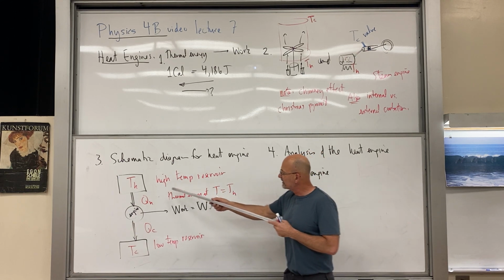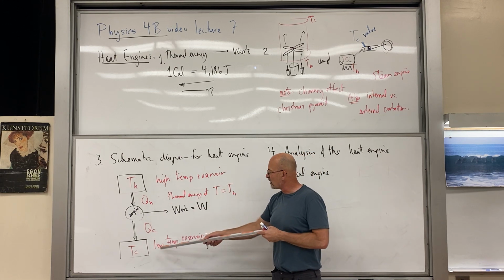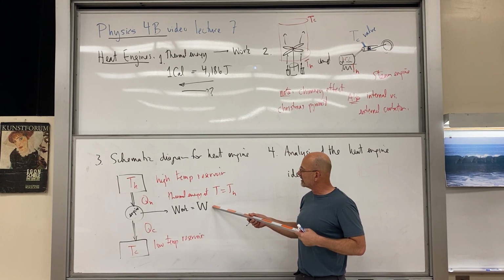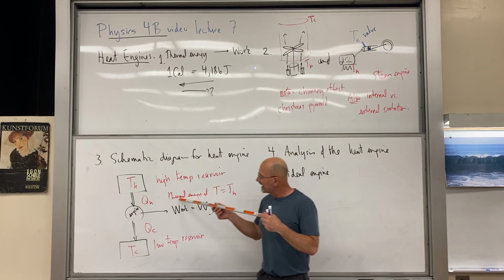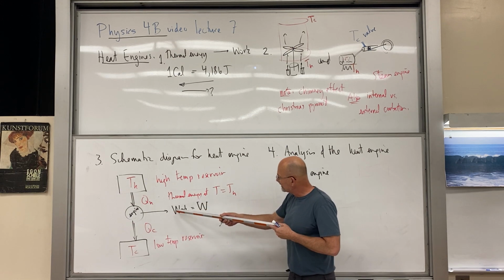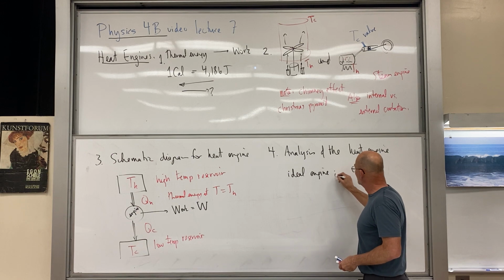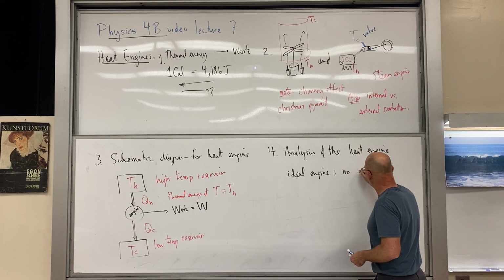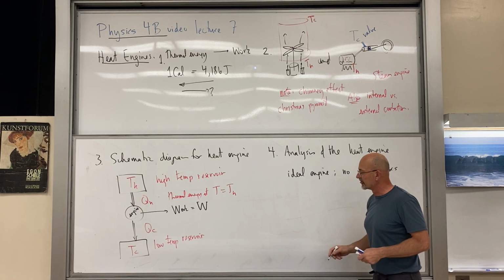These energy quanta are all that we have. These two temperatures are all that we have, and this is the work that's coming out. So if it's an ideal engine, there's no friction somewhere, there's no heat leaking out elsewhere, right? These are the heat transfers, and this is the amount of work being done. So we have the ideal engine, no other losses.